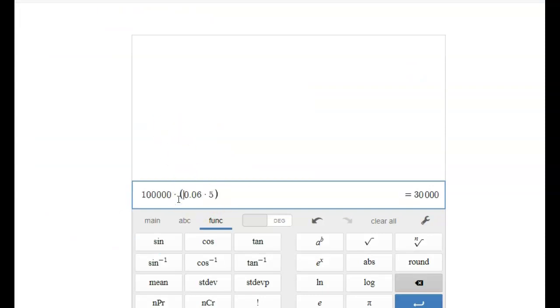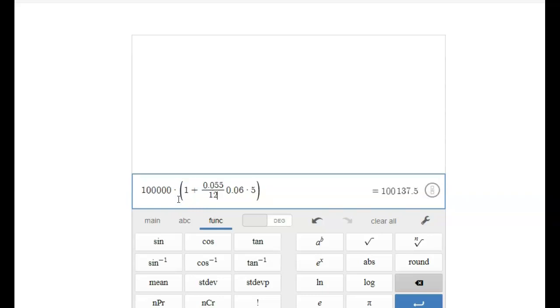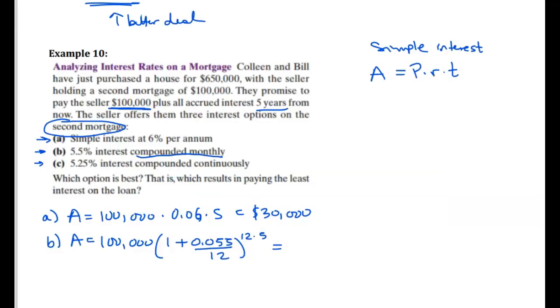So 100,000, 1 plus 0.055 divided by 12, to the power 12 times 5. $131,570.38.